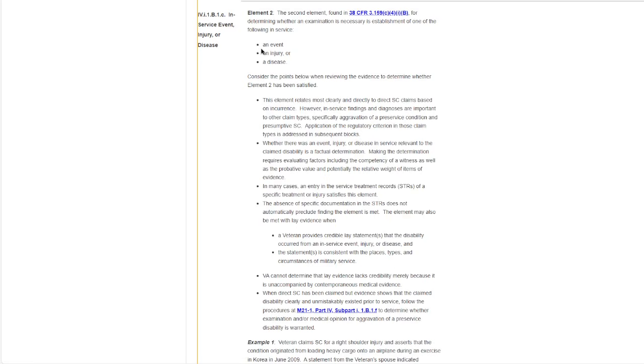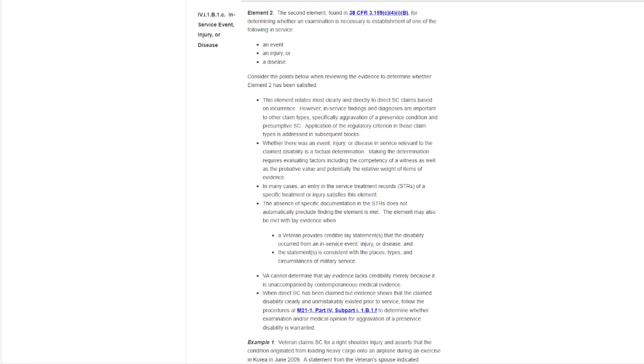Like this explains, for direct service connection, you would need to show an event, injury, or disease in service in order to anchor the disease itself to service. So if you said that it happened before service or after service, then element 2 would not be satisfied for a direct theory of service connection.